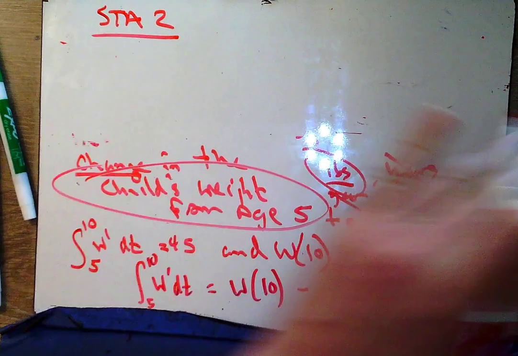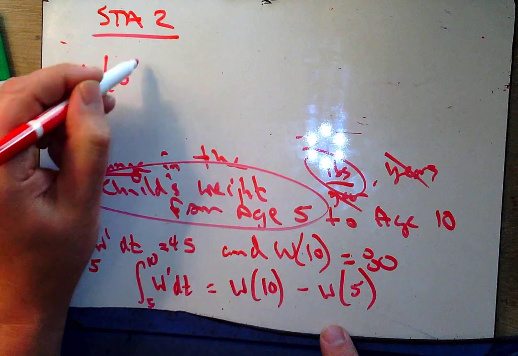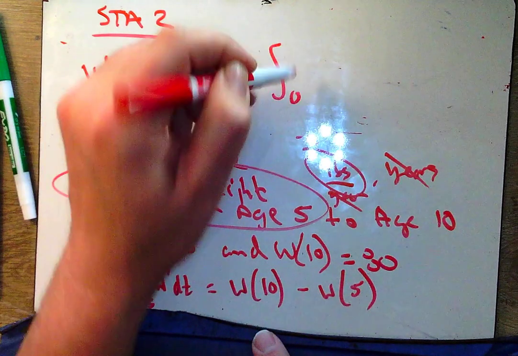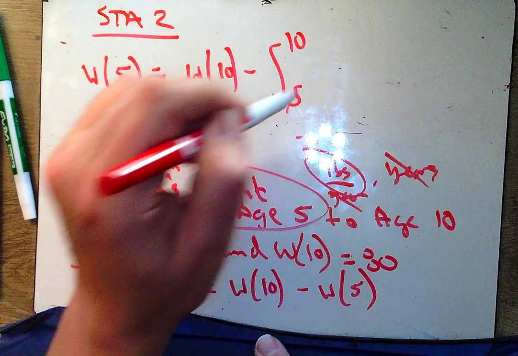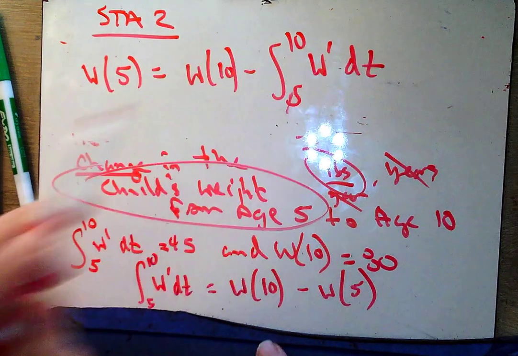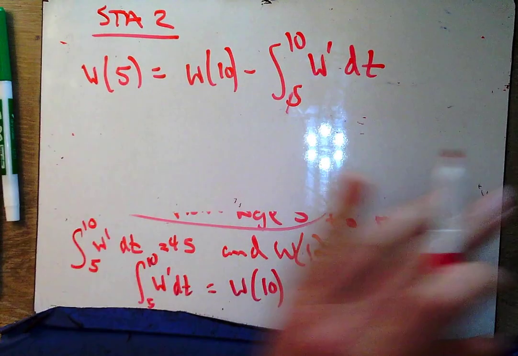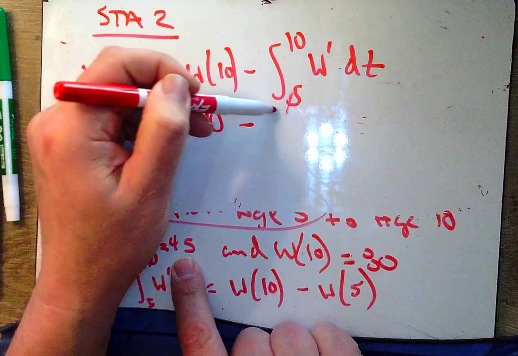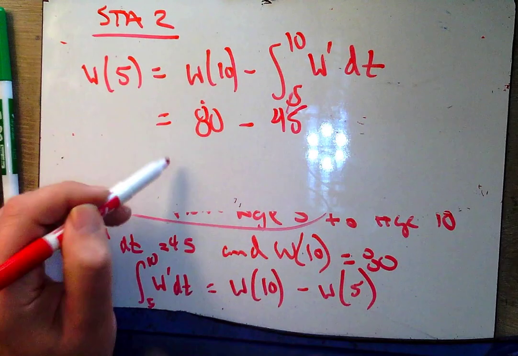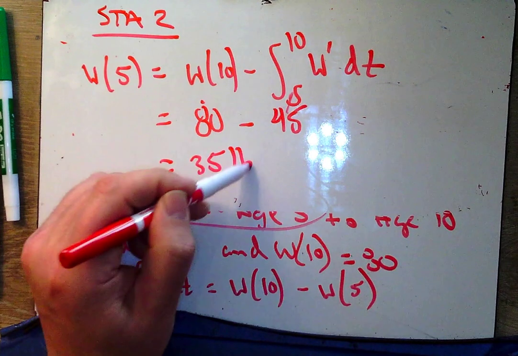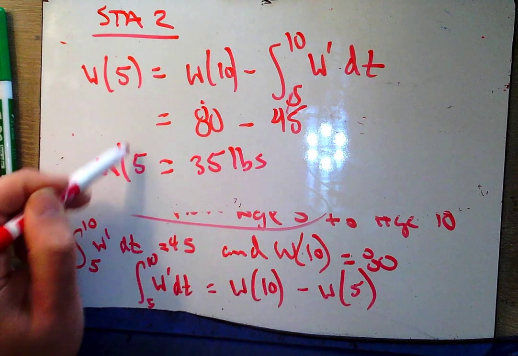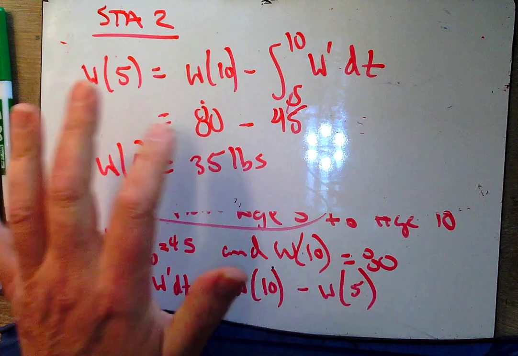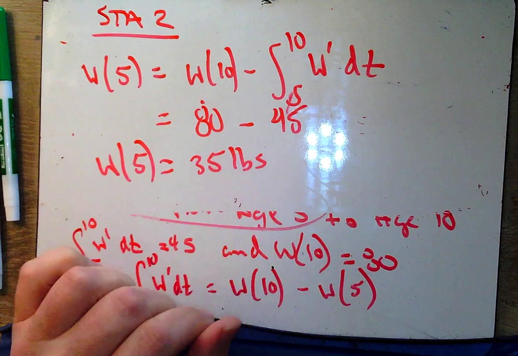So, I'm now going to have w of 5 equals w of 10 minus the integral from 5 to 10 of w prime dt. Well, conveniently, they give us some values here. This is 80 pounds. This is 45 pounds. And so we get 35 pounds is w of 5. So the child weighs 35 pounds when they're a 5-year-old and 80 pounds when they are a 10-year-old.